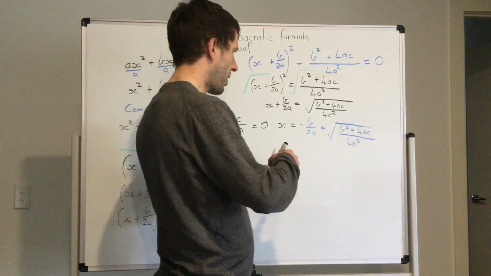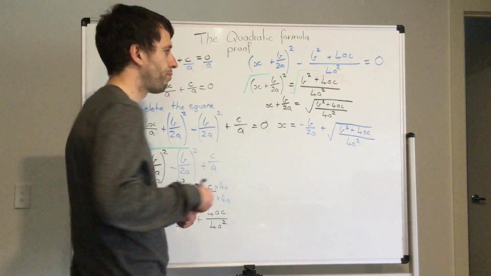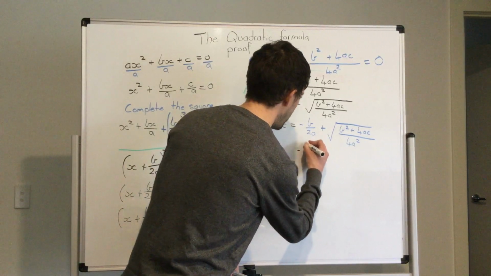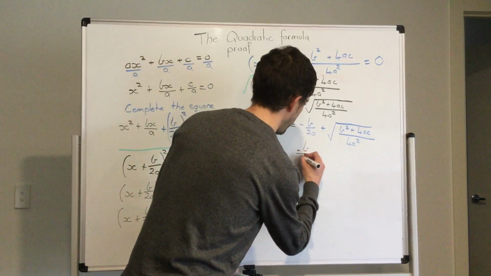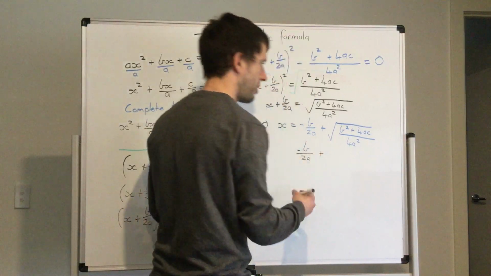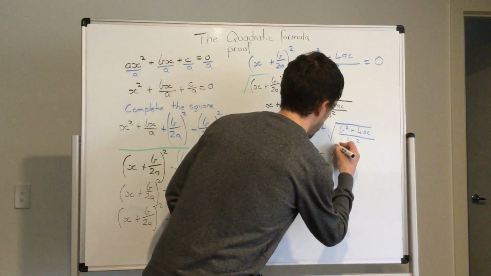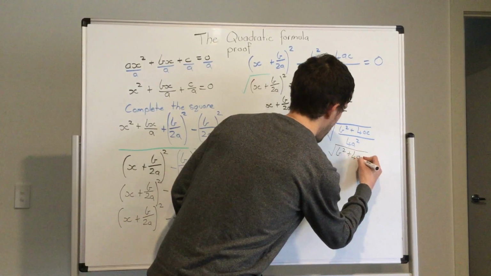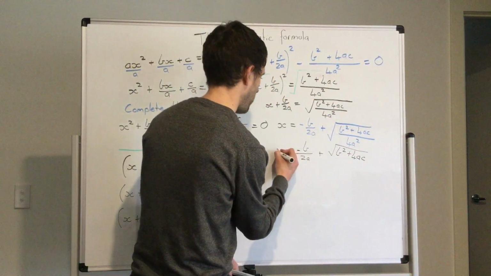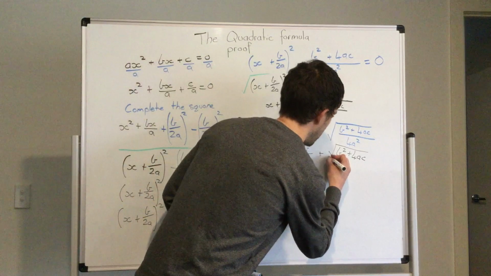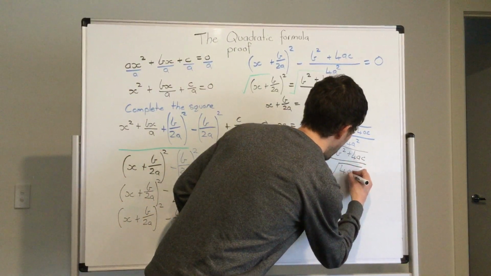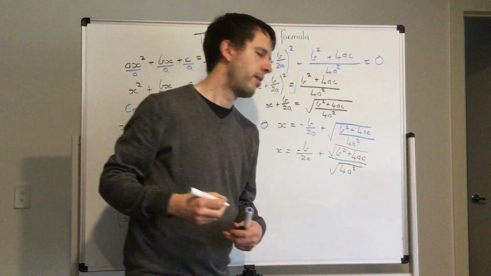So I'm going to break it down a bit further and go negative b over 2a plus the square root of b squared plus 4ac divided by the square root of 4a squared.